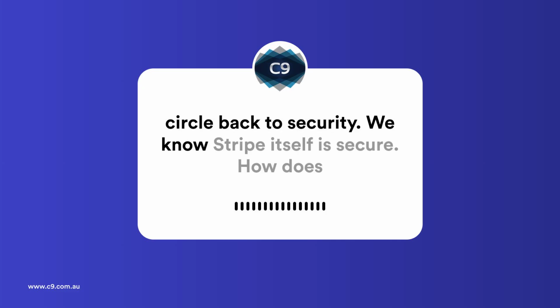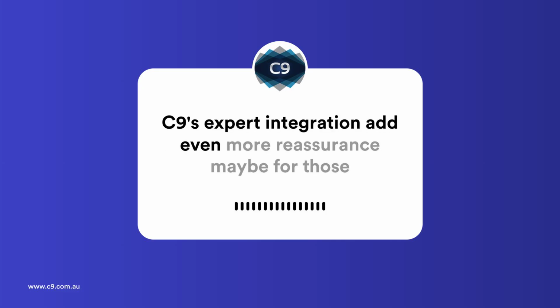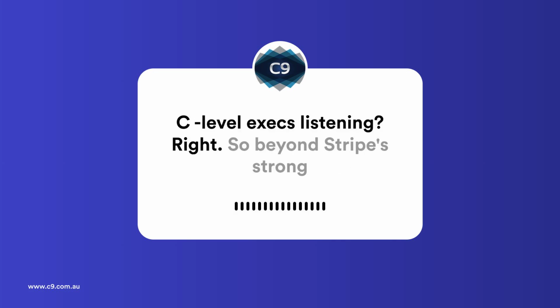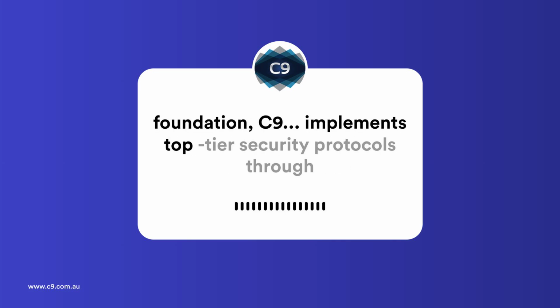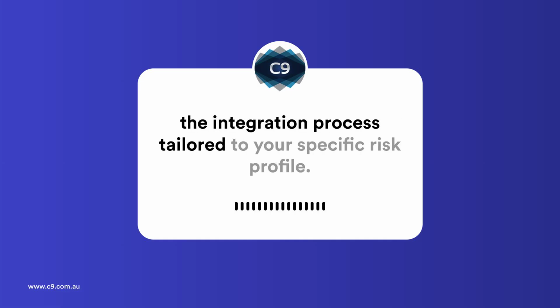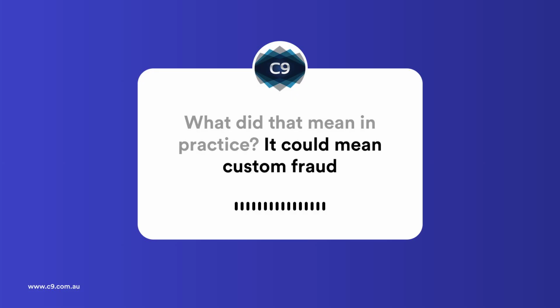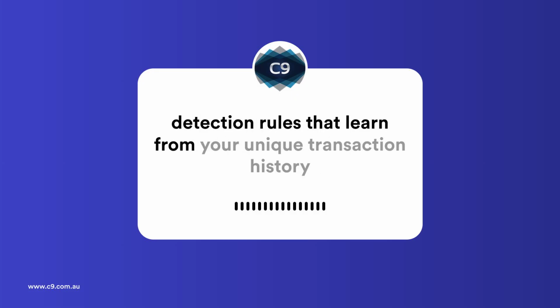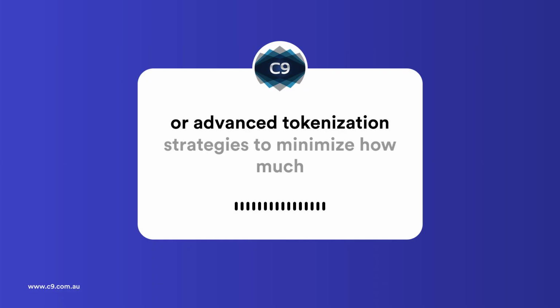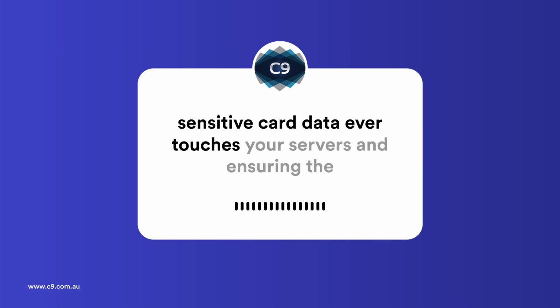Okay, let's circle back to security. We know Stripe itself is secure. How does C9's expert integration add even more reassurance maybe for those C-level execs listening? Right. So beyond Stripe's strong foundations, C9 implements top-tier security protocols through the integration process tailored to your specific risk profile. What does that mean in practice? It could mean custom fraud detection rules that learn from your unique transaction history, or advanced tokenization strategies to minimize how much sensitive card data ever touches your servers.